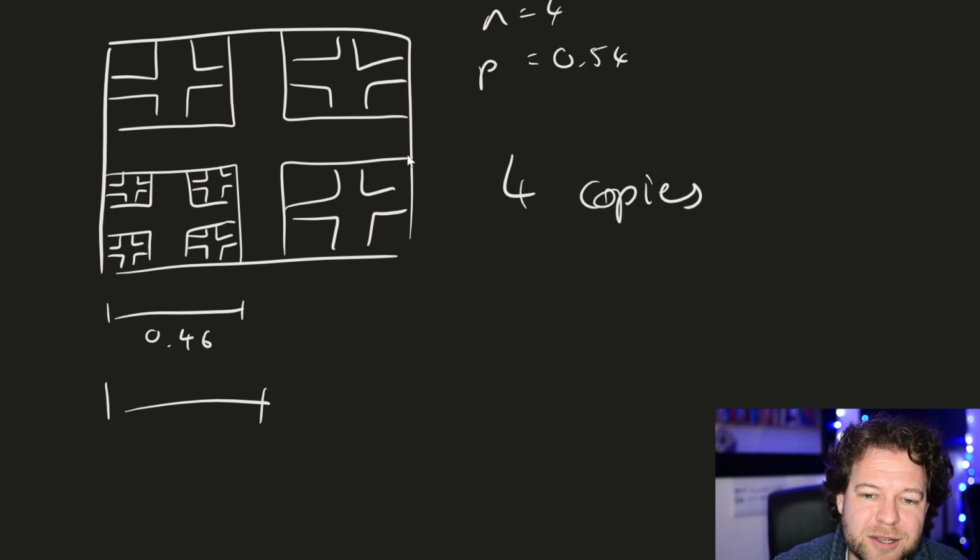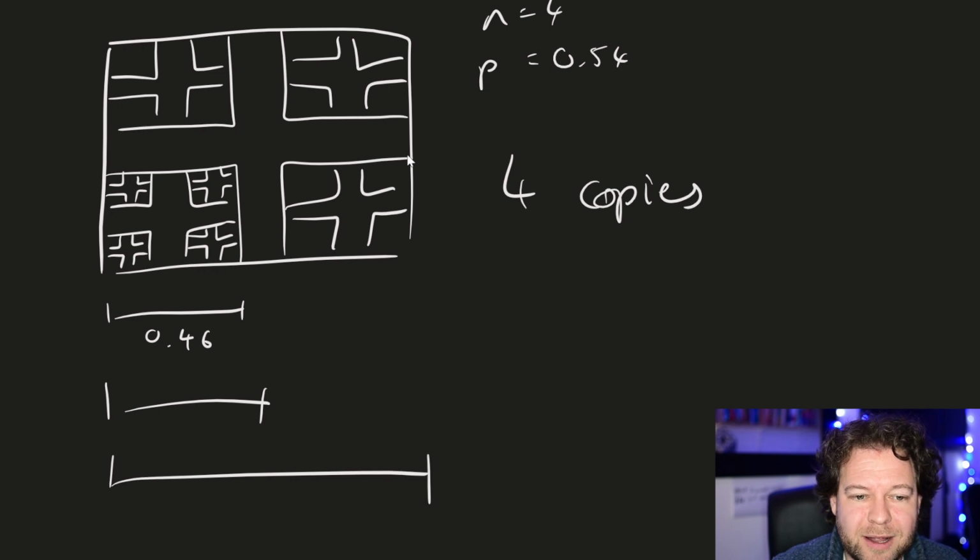The slightly not obvious thing is how much longer is that line? Well, I need to figure out how many of the original copies fit in there, and the original copy is 0.46 and the whole thing is 1. So it's 1 over 0.46 times bigger.